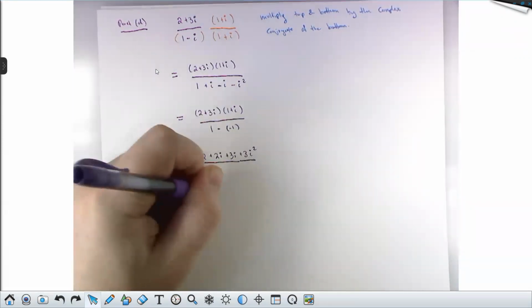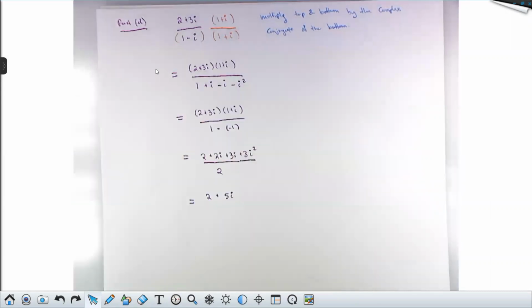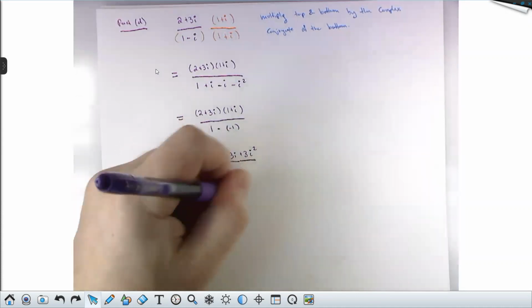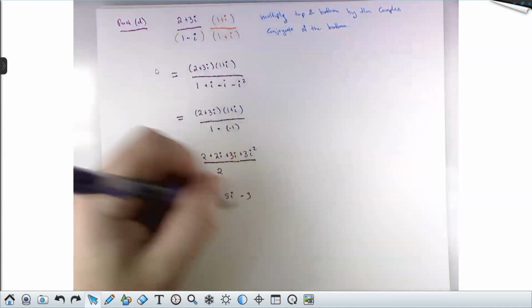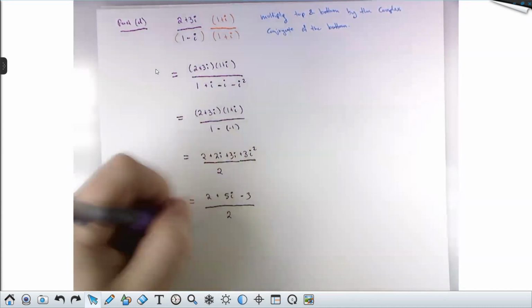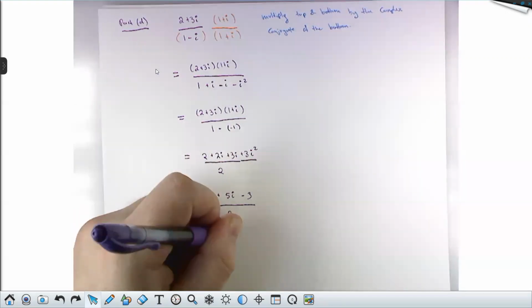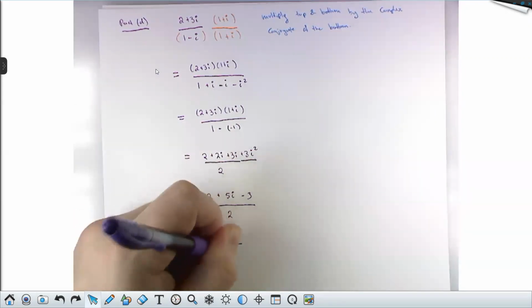This is 2 plus 5i, 2i plus 3i, plus 3 times i squared, that's minus 3. All right, i squared is negative 1. So we get 2 minus 3, which is negative 1 plus 5i for my numerator. And all of this is over 2.